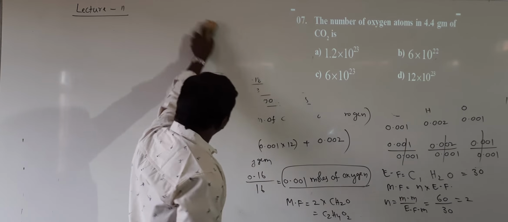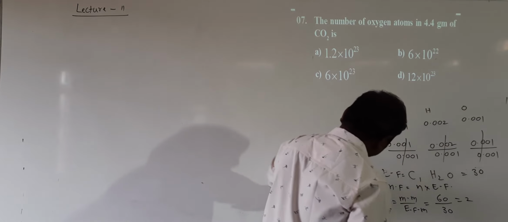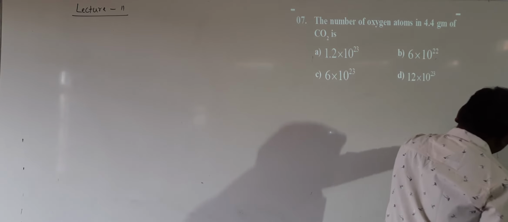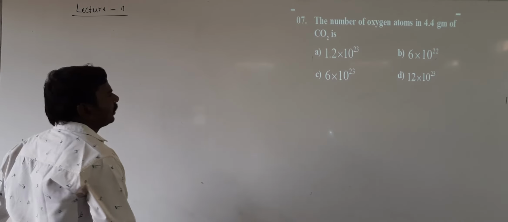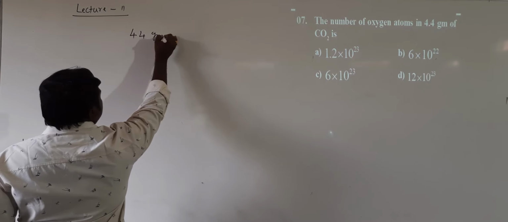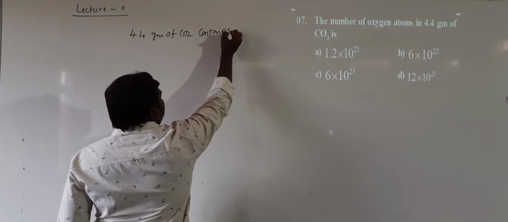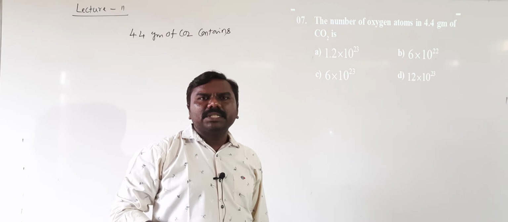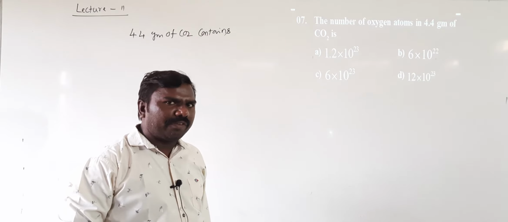Number of oxygen atoms in 4.4 grams. 44 grams of CO2 contains, 44 is the molar mass of CO2: carbon 12, oxygen 16, 2 oxygens, 2 16s plus 12, totally 44.